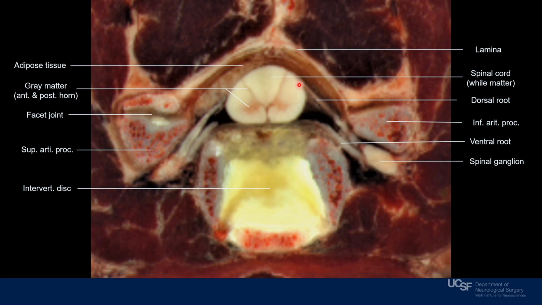There are gonna be the pia, the arachnoid, and the dura, which is the outermost layer. There's also gonna be venous plexus, and mainly in the lumbosacral region, there's going to be a high content of adipose tissue that is going to be filling the epidural space.